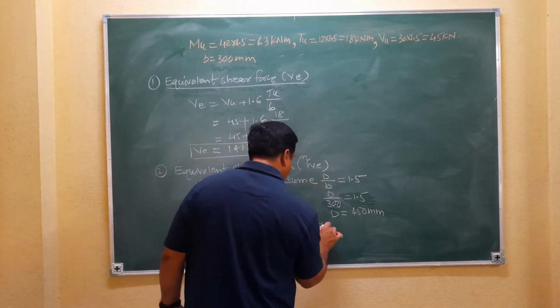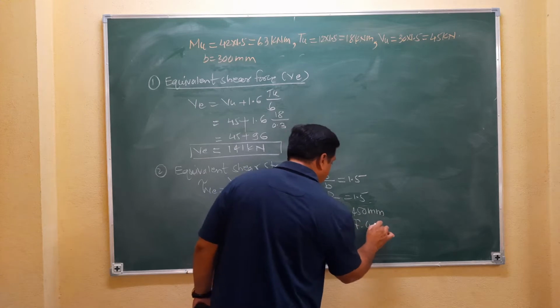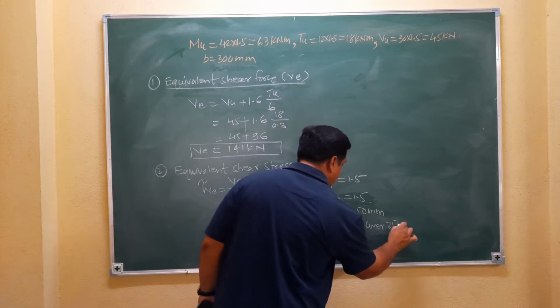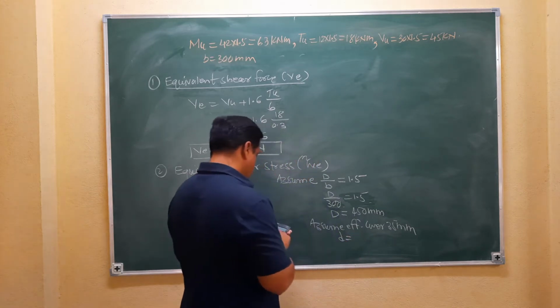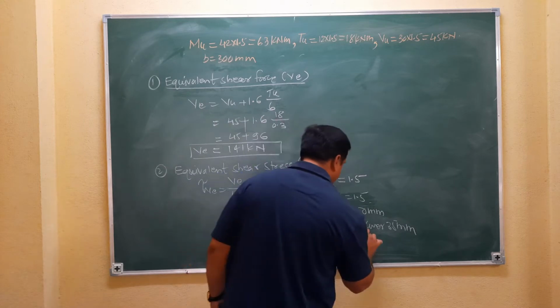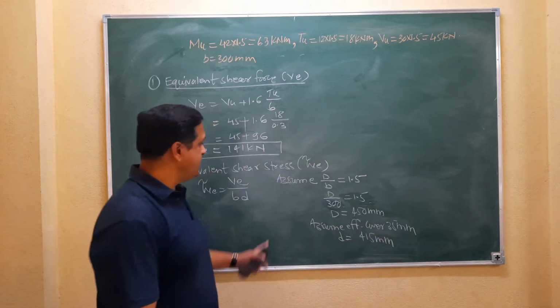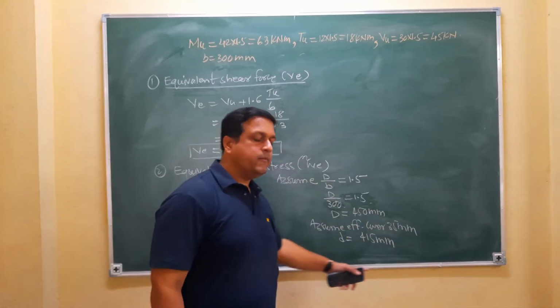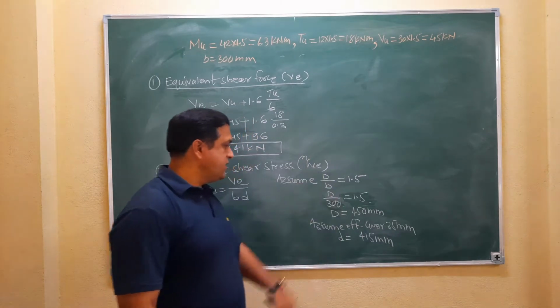Then assume effective cover 35 mm. So effective depth is 450 minus 35, which is 415 mm. Like this, to avoid the iterative method to find out the depth, this is the easiest one.